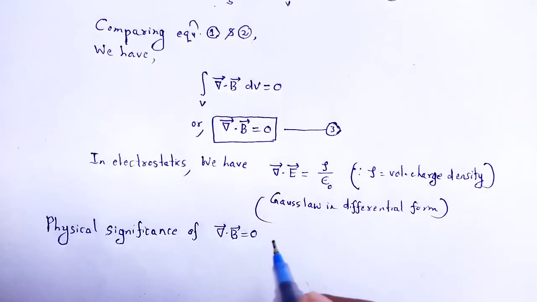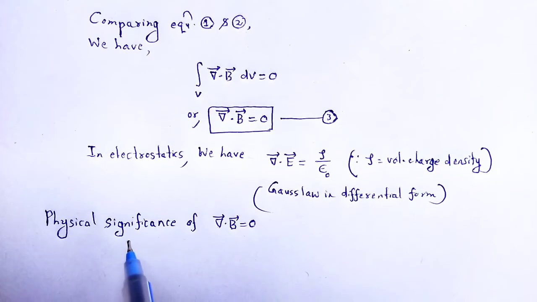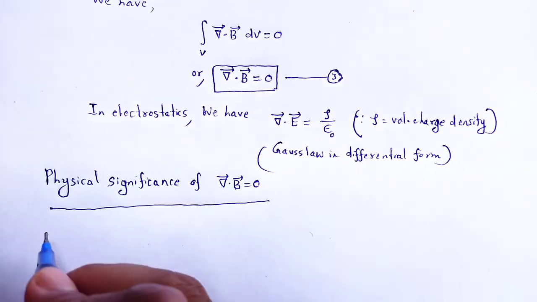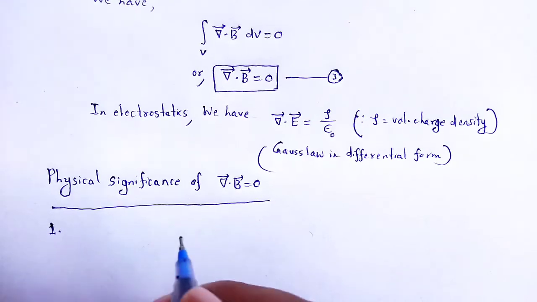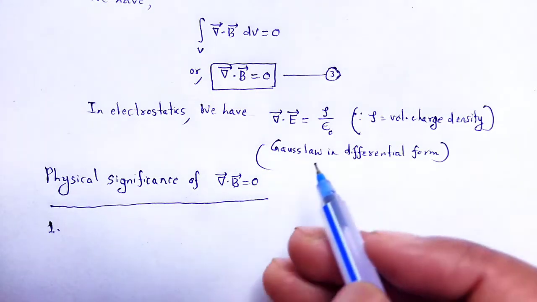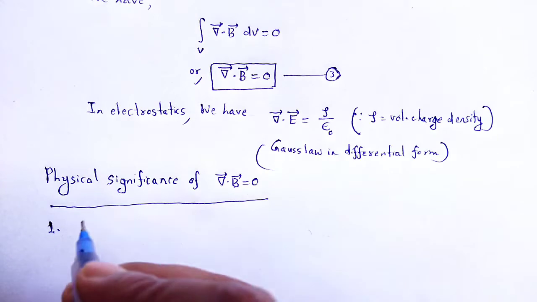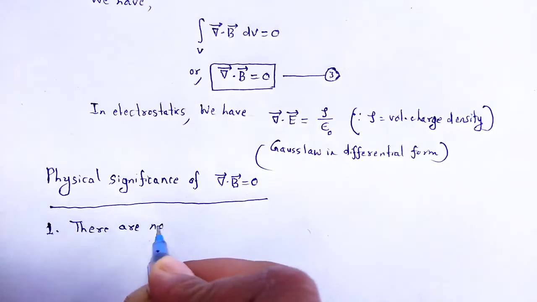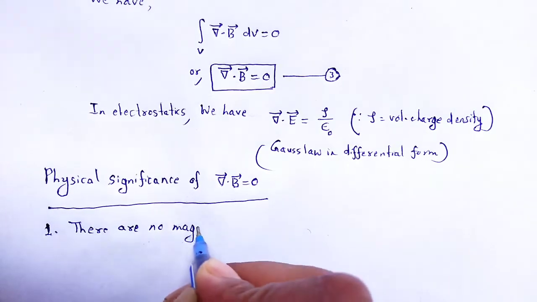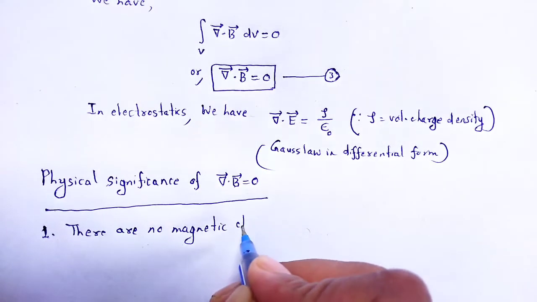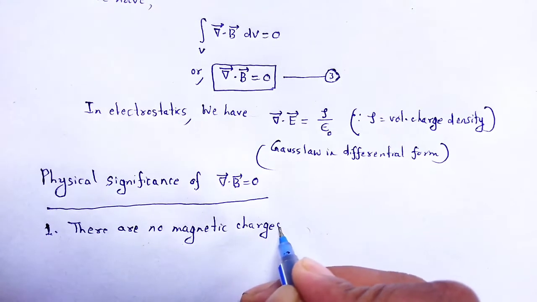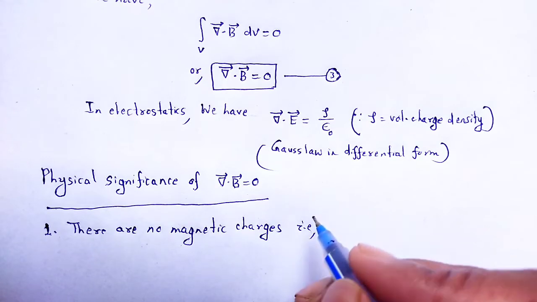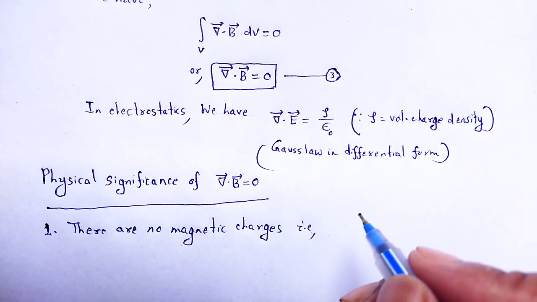grad dot B is equal to 0. There are no magnetic charges that is independent of magnetic monopoles.